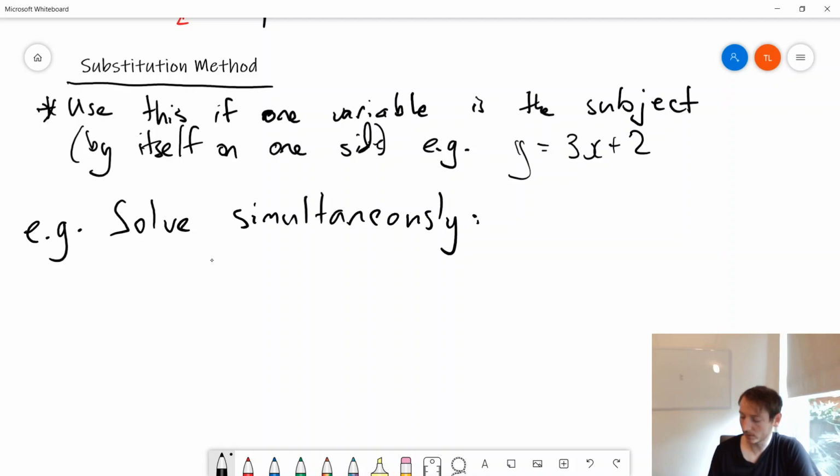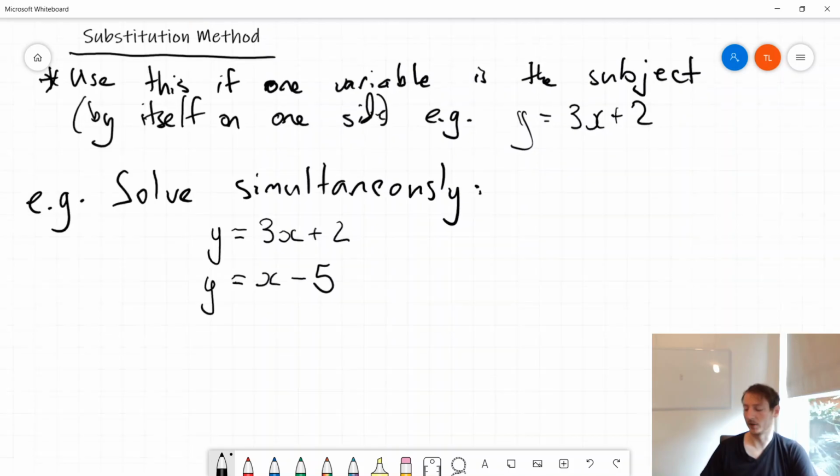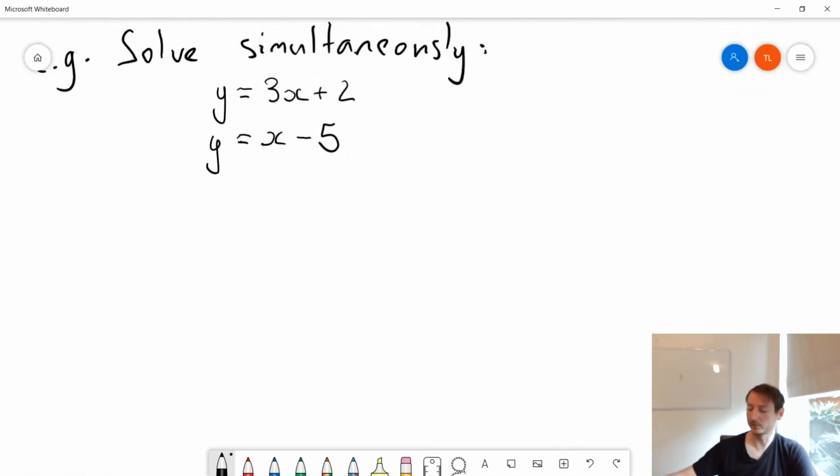Let's say y equals 3x plus 2 and y equals x minus 5. This is going to be one of the easier ones that we'll do, and we'll build it up from here. So solve simultaneously.